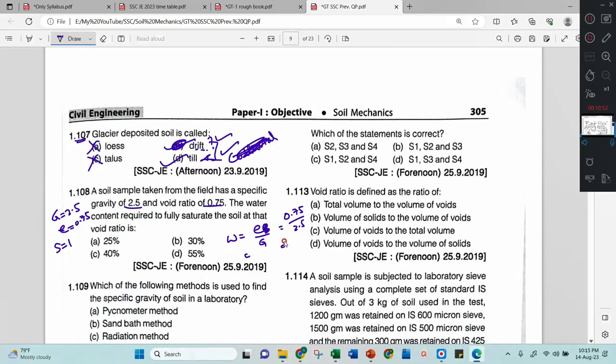How much? 25% or 30%? Not 30, 25 might be the right answer.